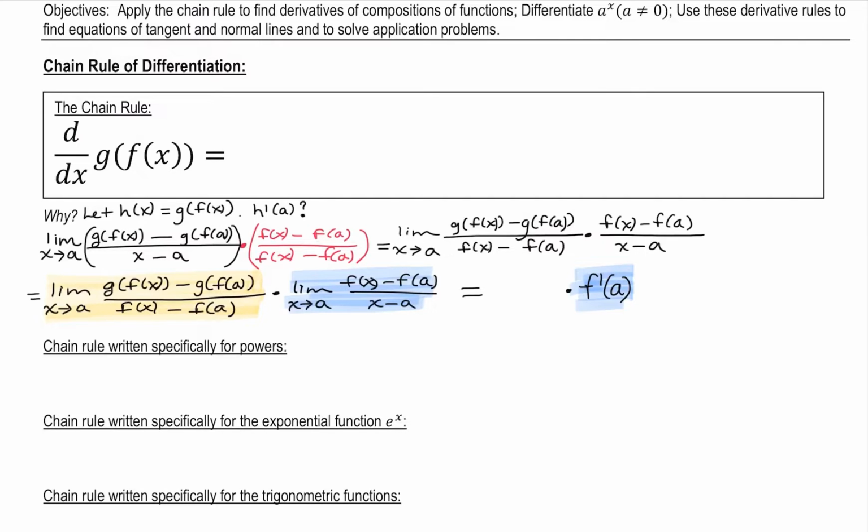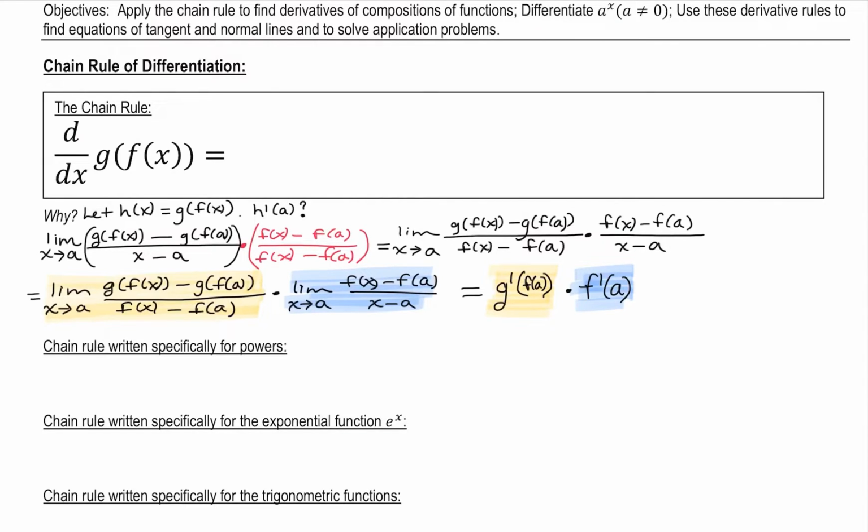So that is going to be our notation for that, g prime, but it's not just g prime at a, it's g prime at f of a. So this is g prime of f of a.